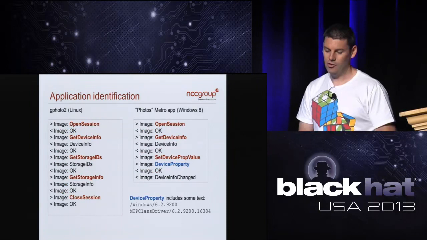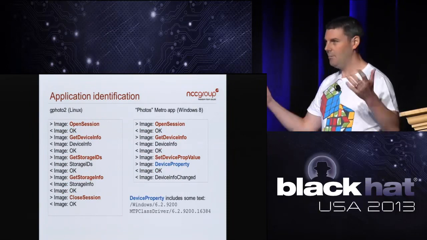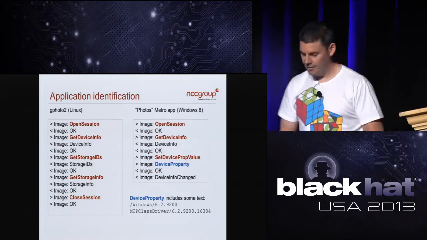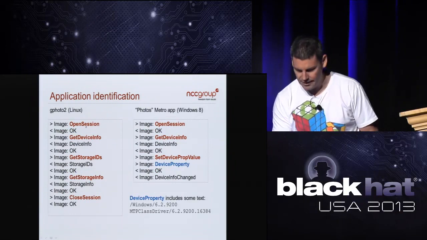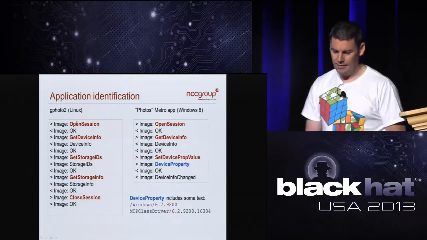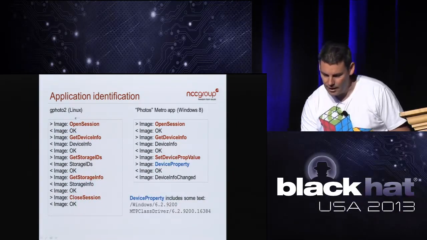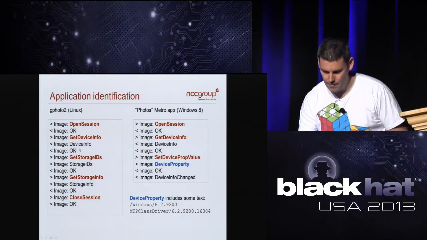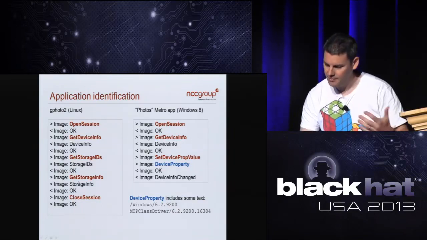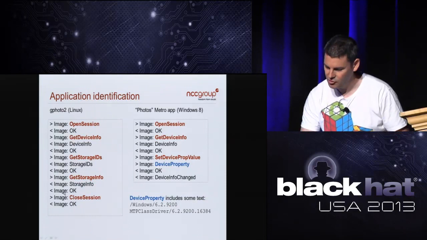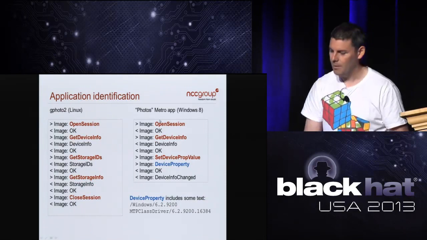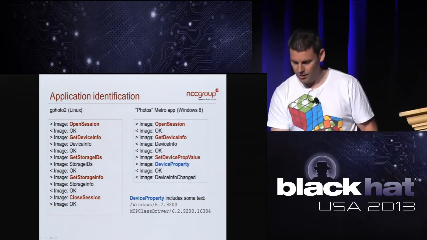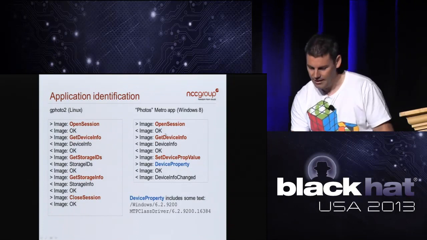Application identification. So I talked about these applications that pop up when you insert a USB device like a camera. So within Linux, you've got this pattern of requests and replies with the image class traffic. The Photos Metro app in Windows 8 works in a different way.